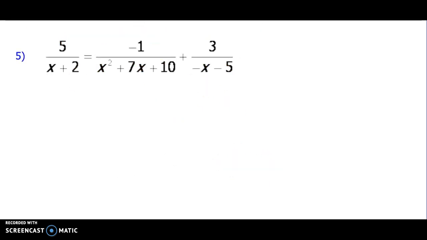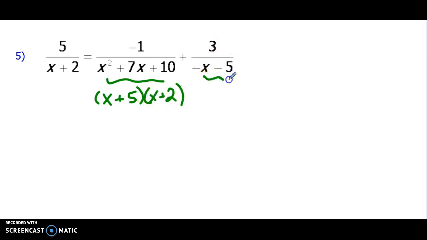Okay, in this problem we have this right here that factors to x plus 5 and x plus 2. We have a common factor of plus 2 and plus 2 here, and we're close to having an x plus 5 there.